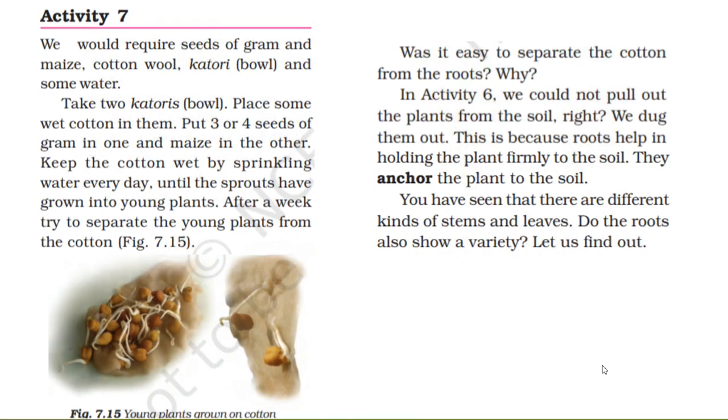Another activity is activity 7. In this, we would require seeds of gram and maize, cotton wool, 2 bowls, and some water. We will take 2 bowls and place some wet cotton in them. Then we will put 3 to 4 seeds of gram in one and maize in the other.